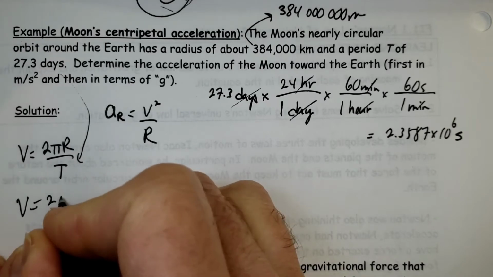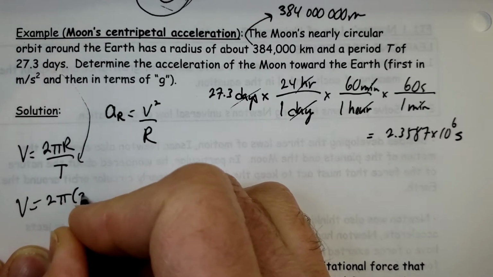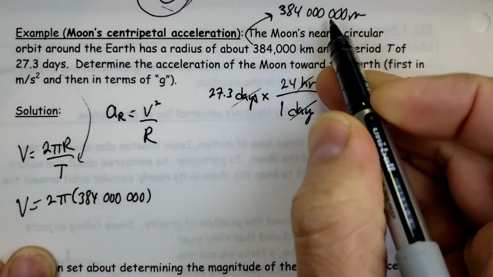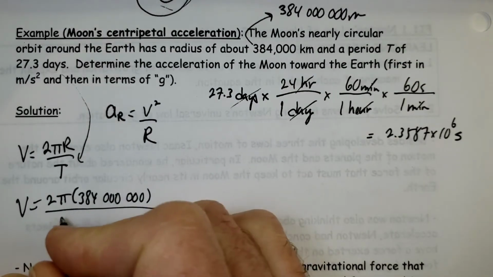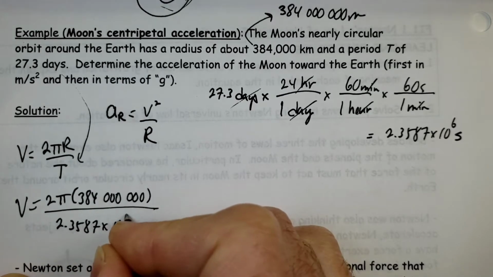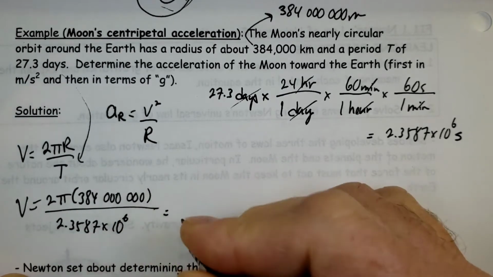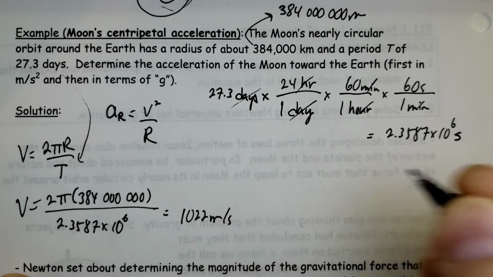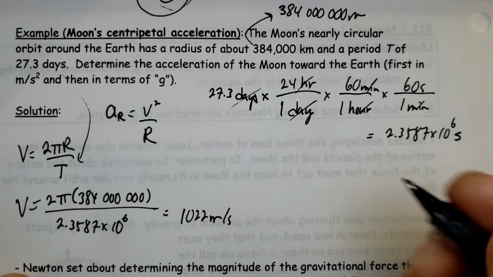So 2 times pi times the radius, 384 million meters that we got from up here, divided by our period. So that's going to give us 1,022 meters per second. That's fairly quick.